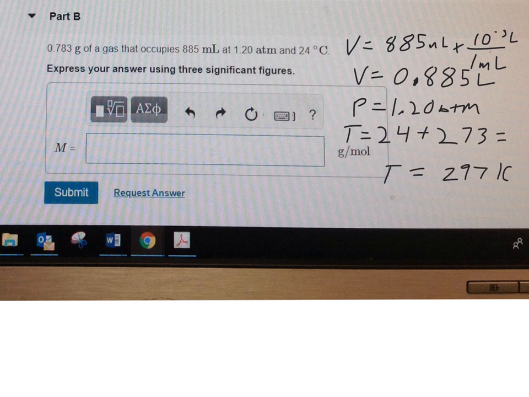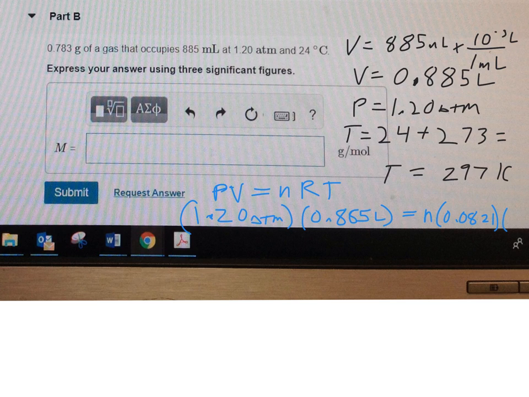So now it becomes just a matter of doing the math. We've got PV = nRT. I moved too fast for the computer to keep up. Alright, there we go. 1.20 atm times a volume of 0.885 times 297.